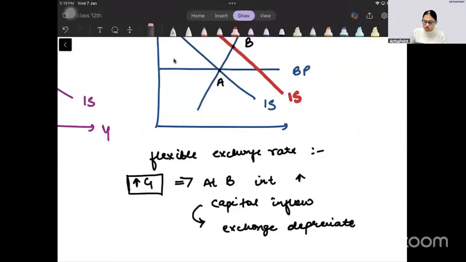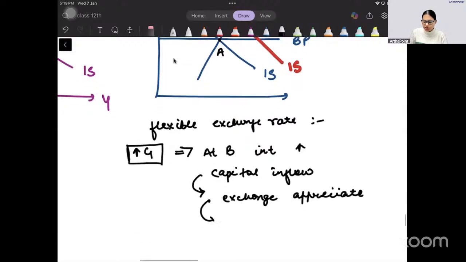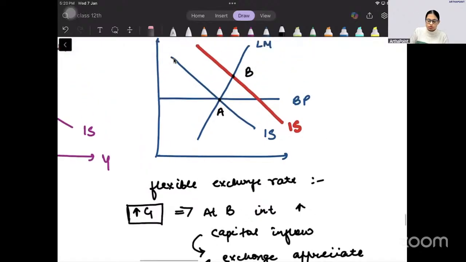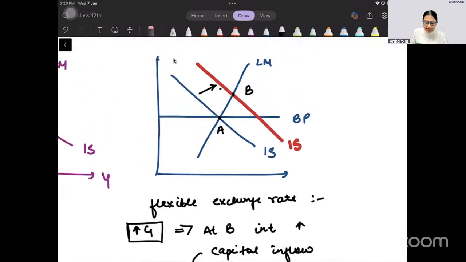It will cause the exchange rate to appreciate. When the exchange rate appreciates, net export will decrease and the IS curve will shift backward. So the IS curve shifted rightwards, then the IS curve shifted backwards, and we come back to the same position.